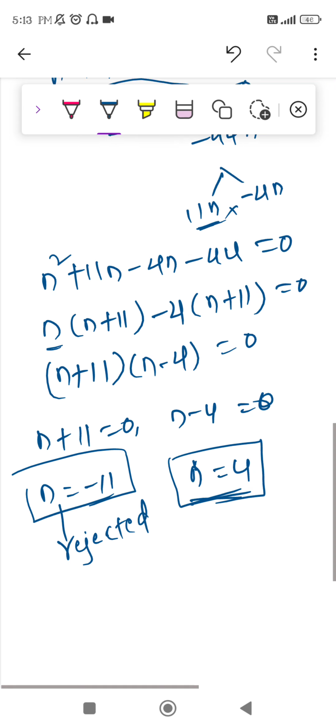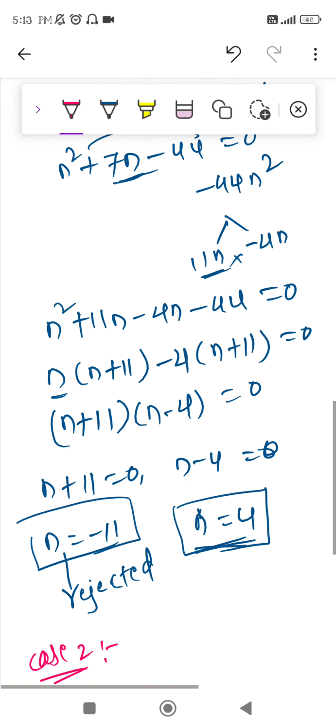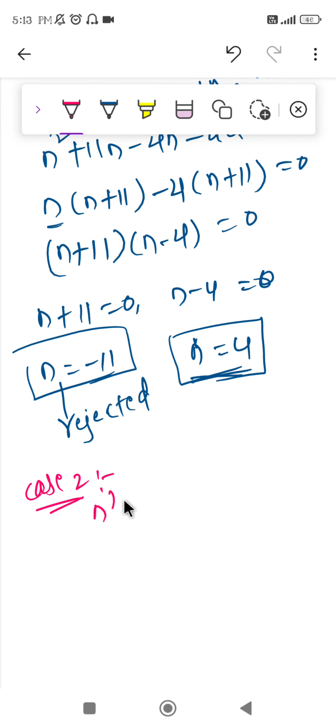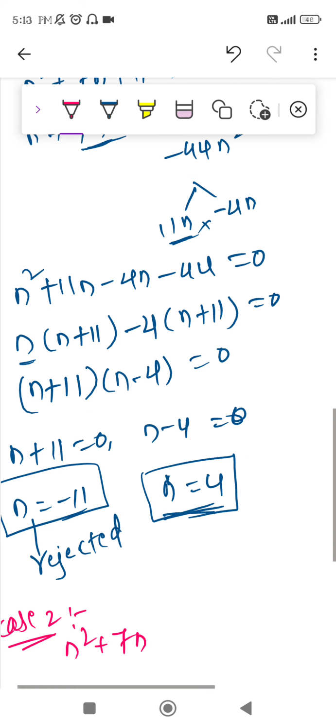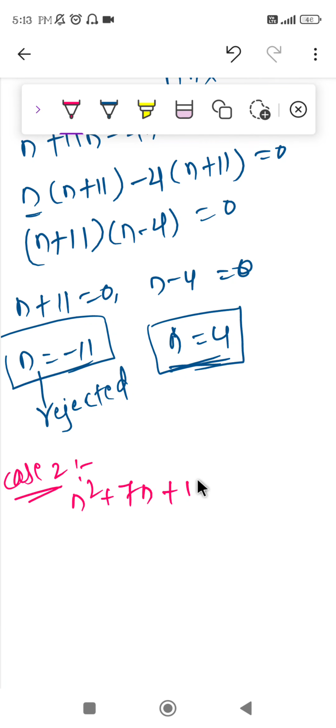And the second case if we consider, case 2, that is minus 55, that is n square plus 7n plus 11 is equal to minus 55.